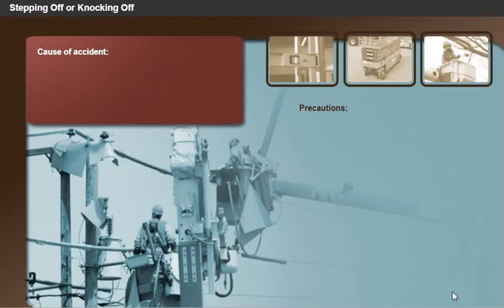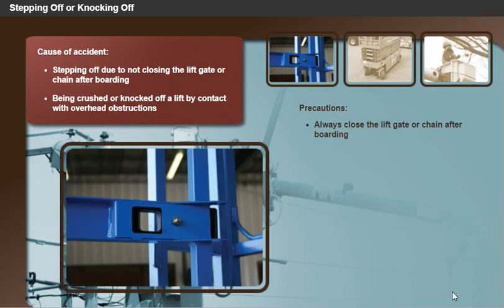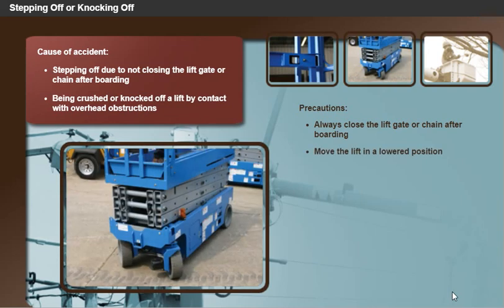The last causes of accidents when the equipment is moving result from stepping off due to not closing the lift gate or chain after boarding, or being crushed or knocked off a lift by contact with overhead obstructions. Remember, always close the lift gate or chain after boarding to help keep you inside the bucket or platform. Only move the lift in a lowered position.